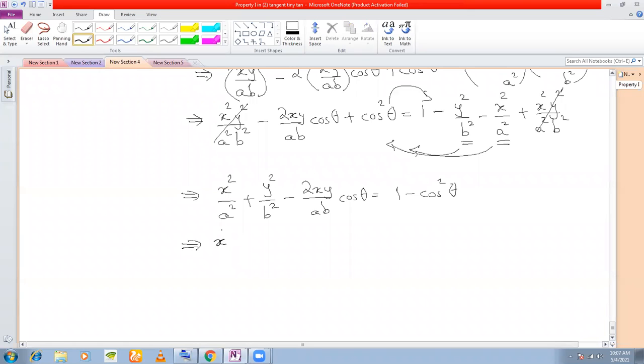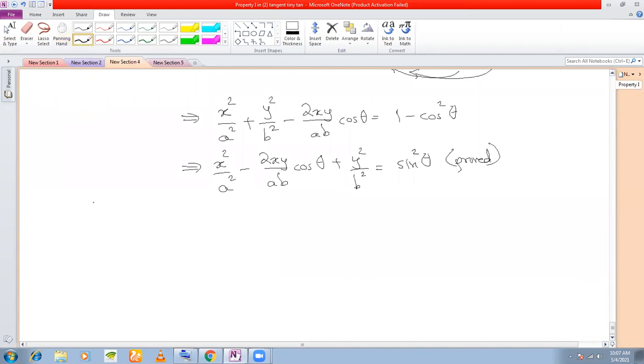That means x square by a square minus 2xy by ab cos theta plus y square by b square is equal to 1 minus cos square is sin square, which is your required proof. Any questions on this? Move on to the next problem.